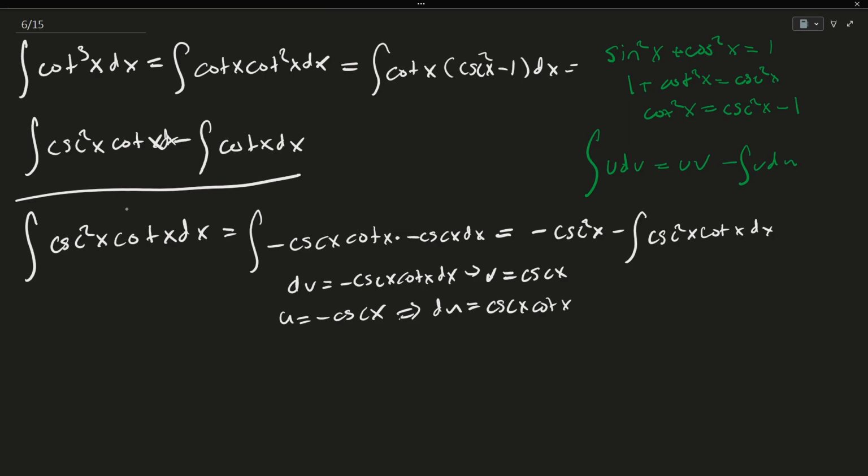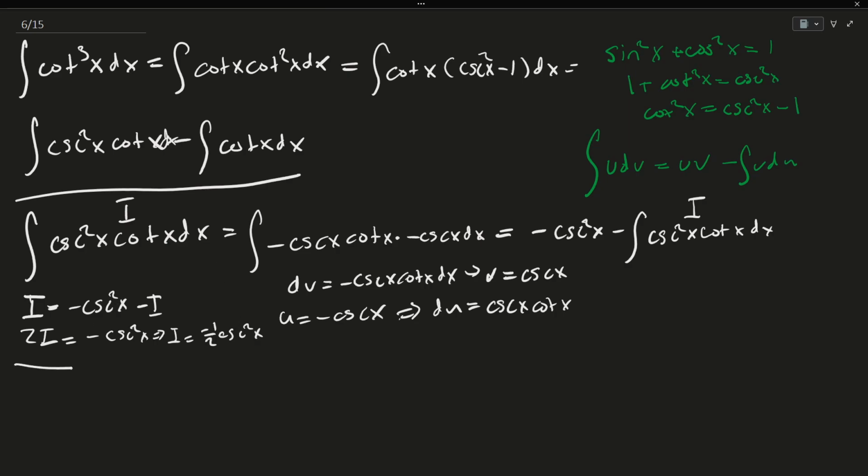If we set our original integral equal to I, this integral is also equal to I. So now simplifying this, we have our equation I equals negative cosecant squared x minus I, since both these integrals are the same. So we see 2I equals negative cosecant squared x. So I equals negative 1/2 cosecant squared x.